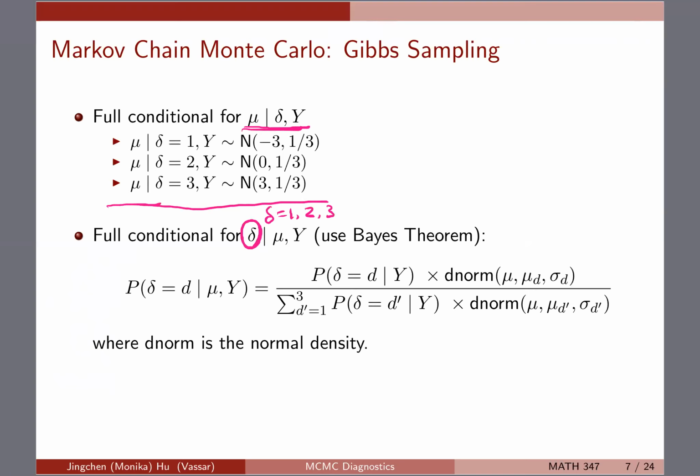That's what we talked about last time. So now you have 2 parameters, the mu and the delta. Mu is straightforward. We know what it is. It's given to us, and these are the 3 over here. But what about the delta? Delta is the latent variable, and can take 1, 2, 3.